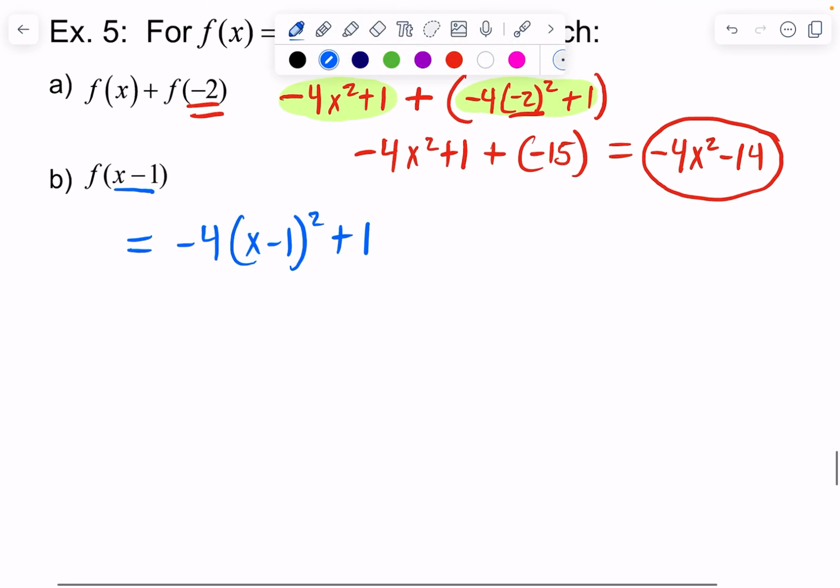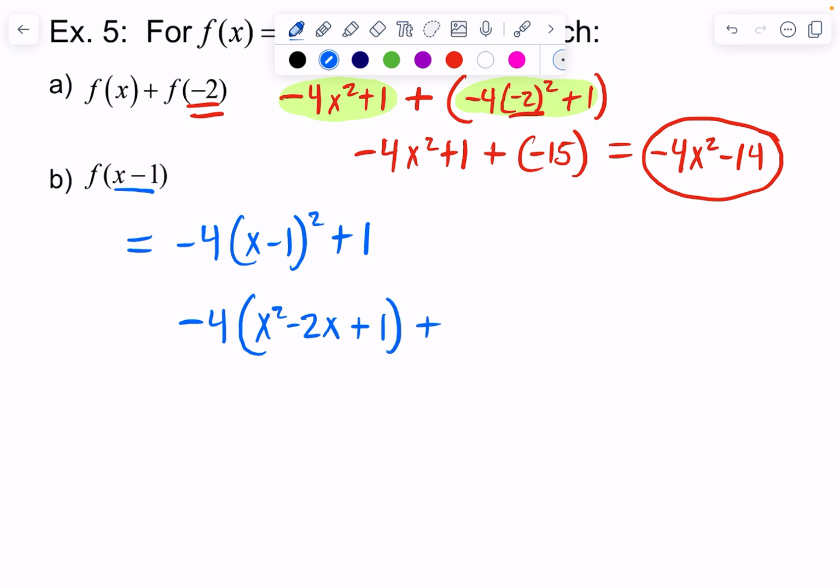Let's please remember that when you have an x minus 1 squared, it's a perfect square. So first term squared minus 2 times the first term times the second term plus the second term squared plus 1. Now I'm going to go ahead and distribute, giving me negative 4x squared plus 8x minus 4 plus 1.